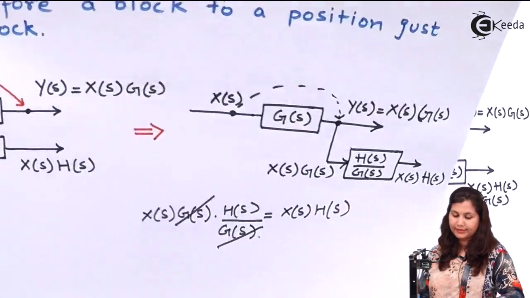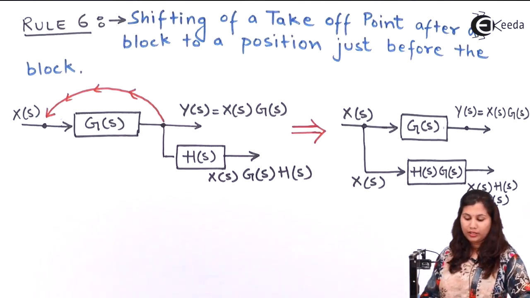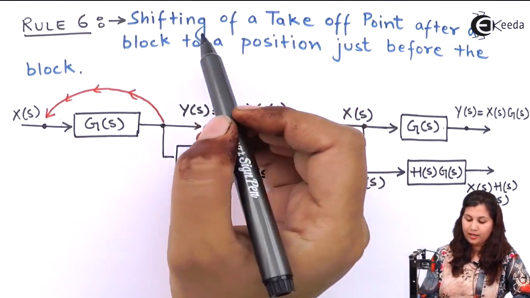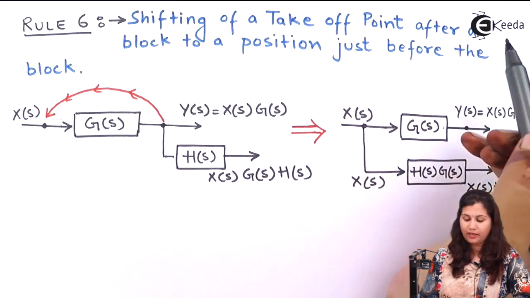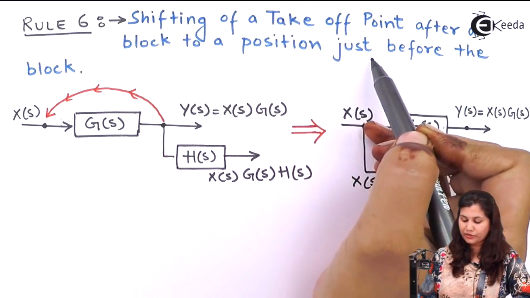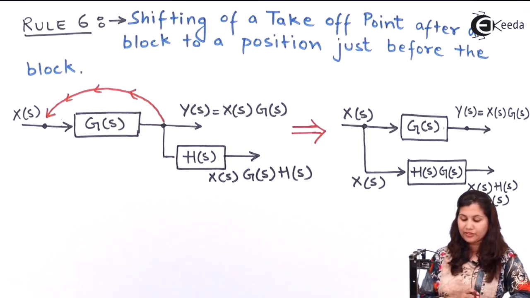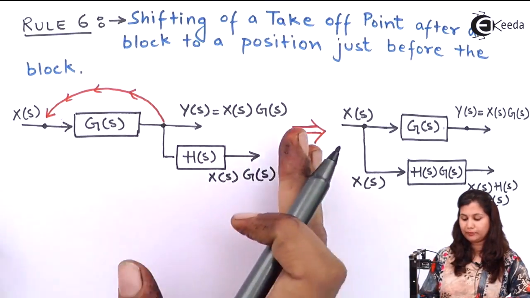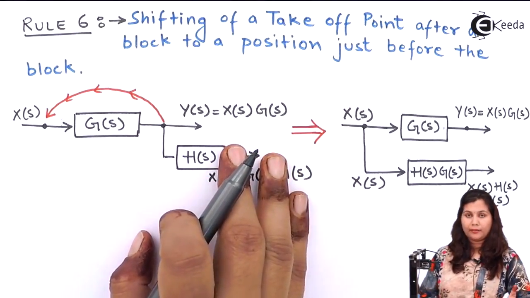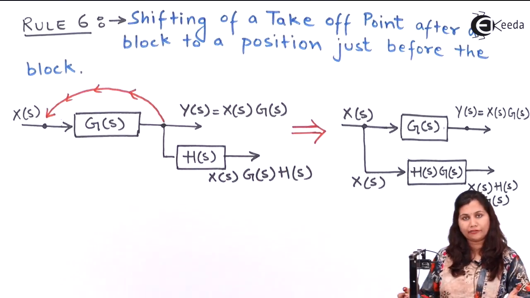Now let's study the sixth rule, which is shifting of a takeoff point after a block to a position just before the block. Earlier we studied shifting the takeoff point from before a block to after the block.